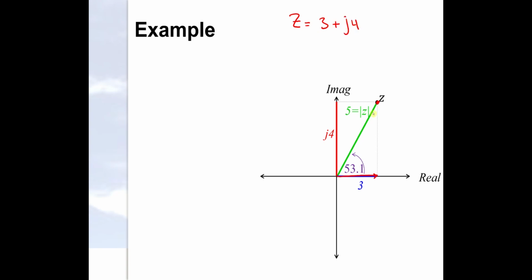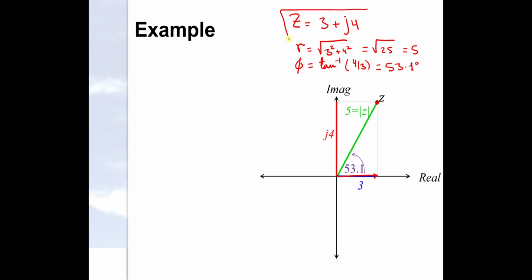Okay, we can get the magnitude and phase. The magnitude r would equal the square root of 3 squared plus 4 squared. This gives you the square root of 25, which is equal to 5. And the angle phi is equal to tan inverse of the imaginary part over the real part, and this gives us 53.1 degrees.